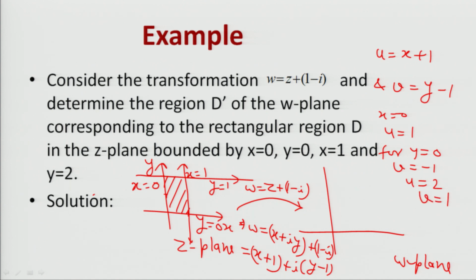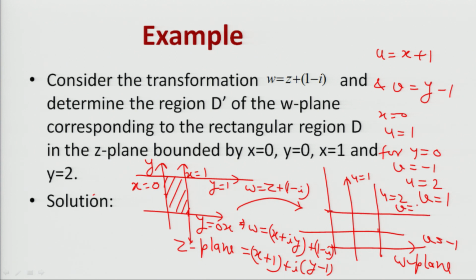If you draw these lines in the w plane, then you will get the line u = 1, and u = 2 also here, and v = -1 is a line here, and v = 1.